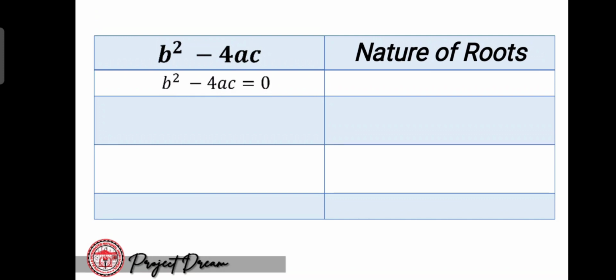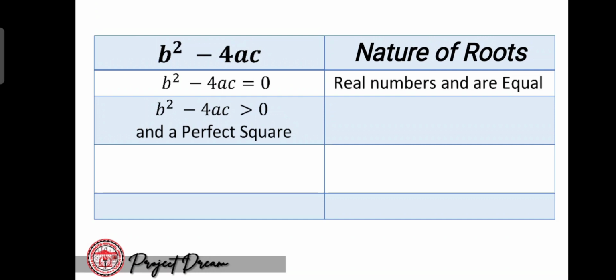If b squared minus 4ac is equal to 0, the nature of roots are real numbers and are equal. If b squared minus 4ac is greater than 0 and a perfect square, the nature of roots are real, rational, but are not equal.